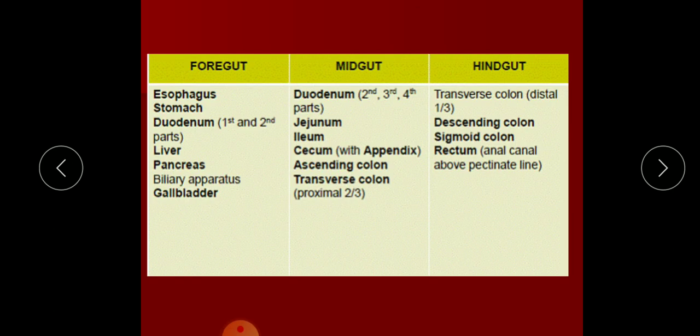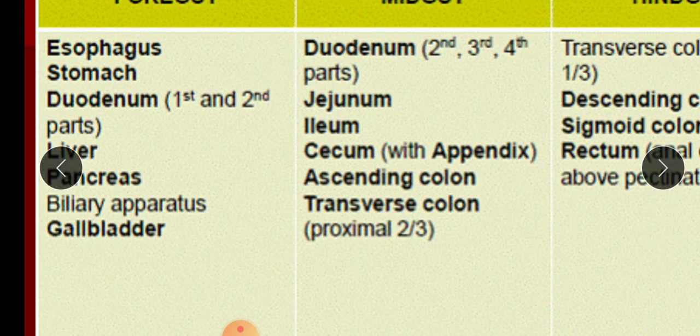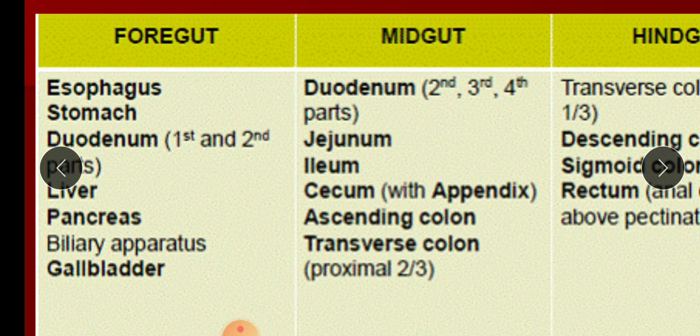So now you should go to further details of what structures are derived from foregut, midgut and hindgut. First, these are the main structures derived from the foregut.